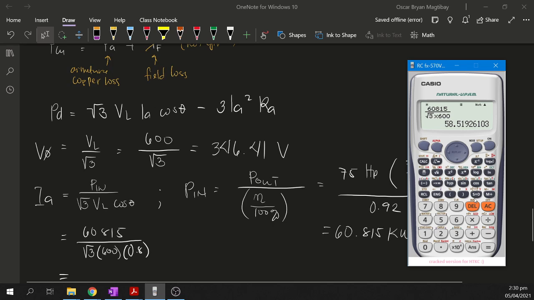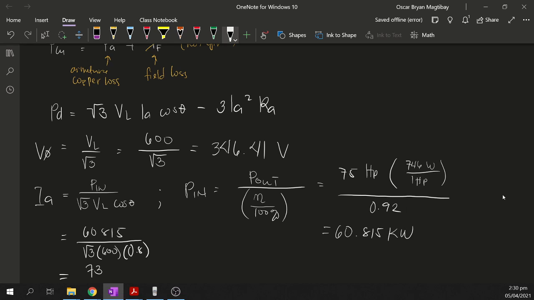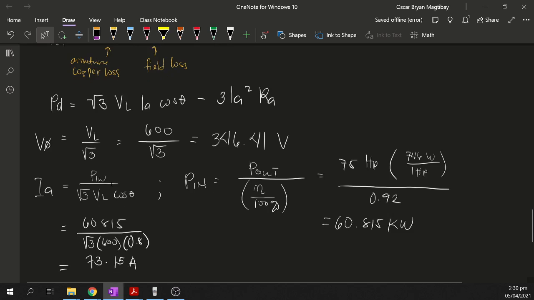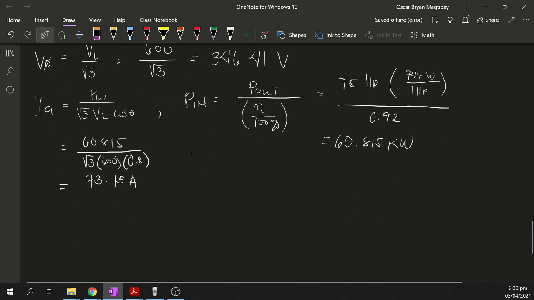Oops, may kulang pa pala. Divided by 0.8. So, this is 73.15 amperes. 73.15 amperes. So we have IA.